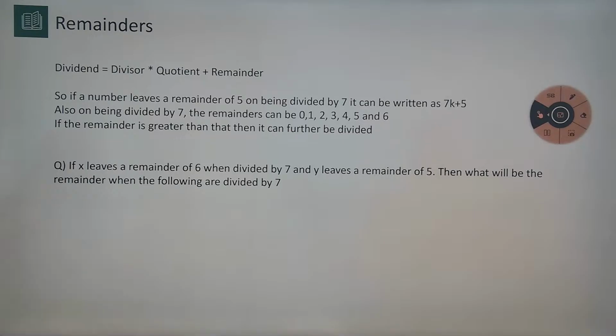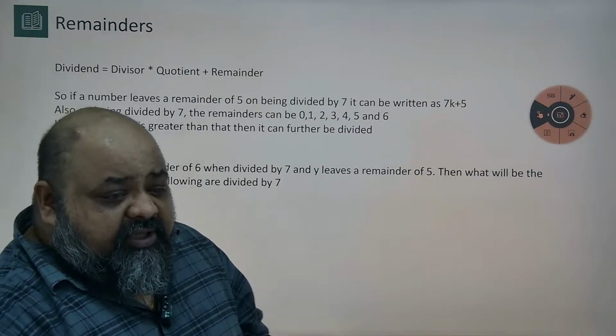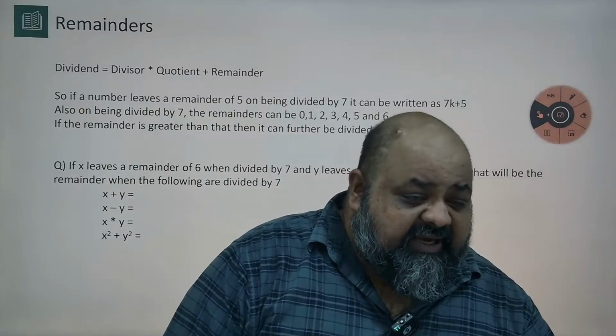We have to find the remainders for the following cases. x plus y, x minus y, x into y, and x square plus y square. Just to avoid confusion, I am giving you the information that x is greater than y.